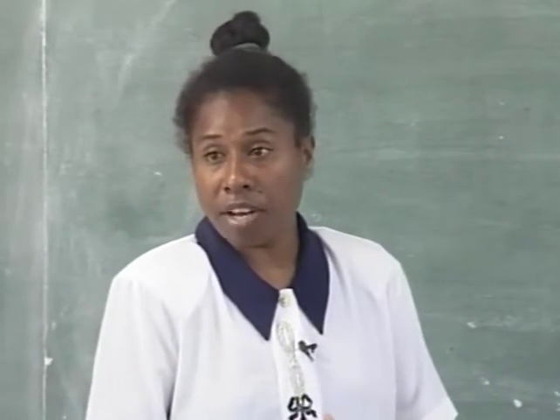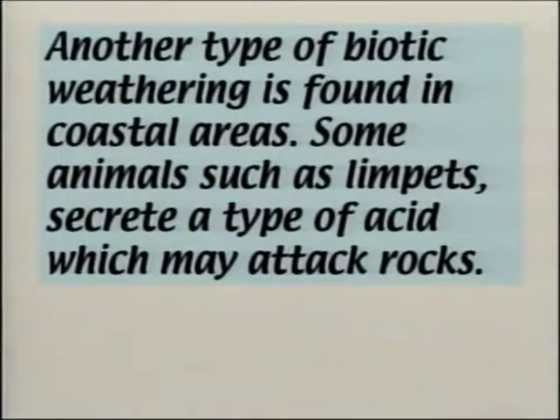It tells us there from the information on the monitor, another type of biotic weathering is found also in coastal regions. Some animals which are known as limpets secrete a type of acid which can attack the rocks on which they are.